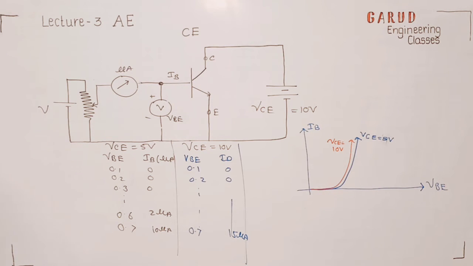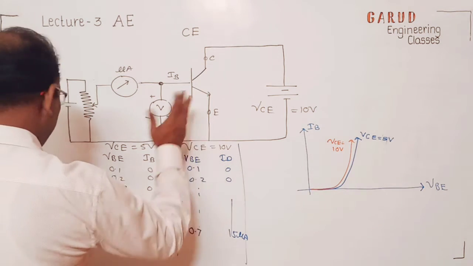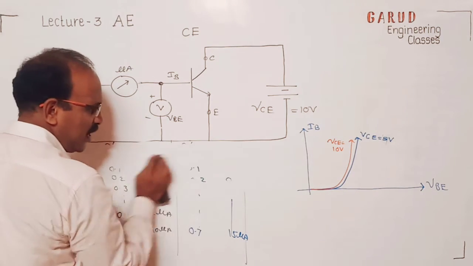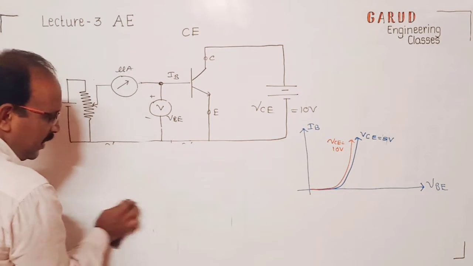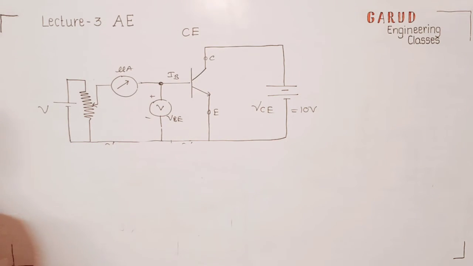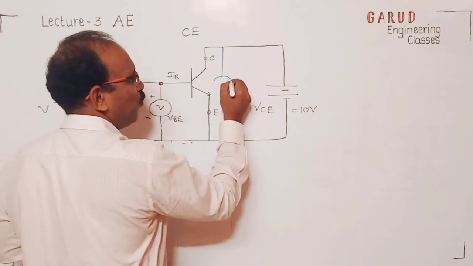Now I want to show you the output characteristics. It is behaving like a diode from the input side, and from the output side, if you want to check, we need to connect meters on the output side. I need to connect a voltmeter here.